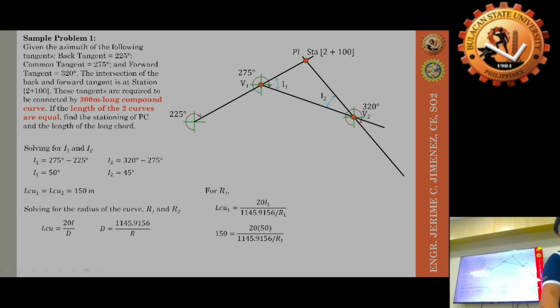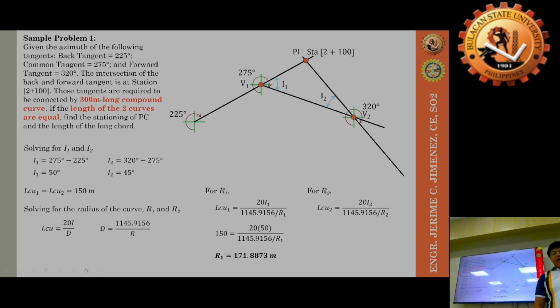Okay. So R sub 1 is 171.8873 meters. Now, let's get R sub 2. Same process. LCU sub 2 is equal to 20 multiplied by I sub 2 all over 1145.9156 all over R sub 2.